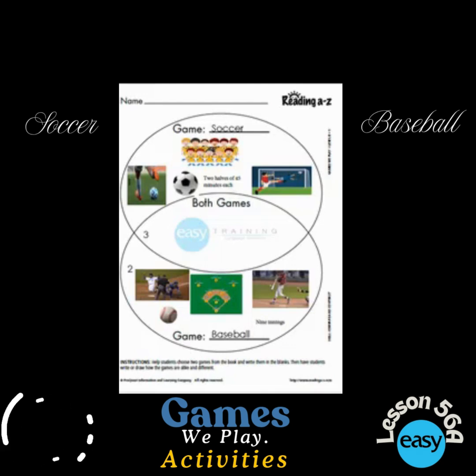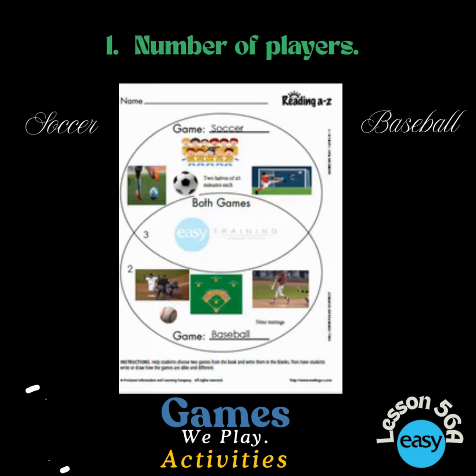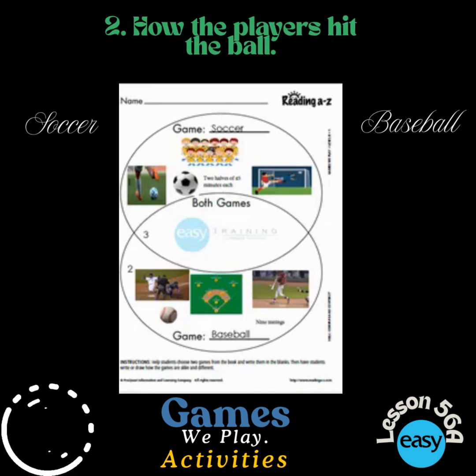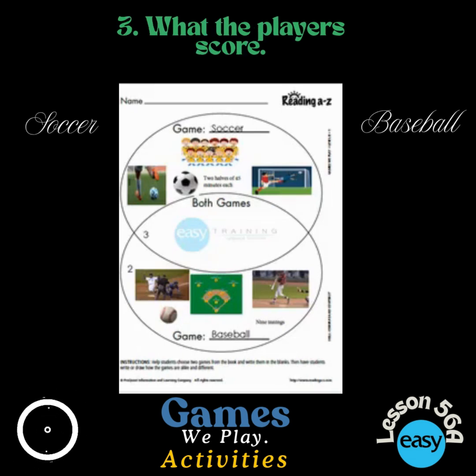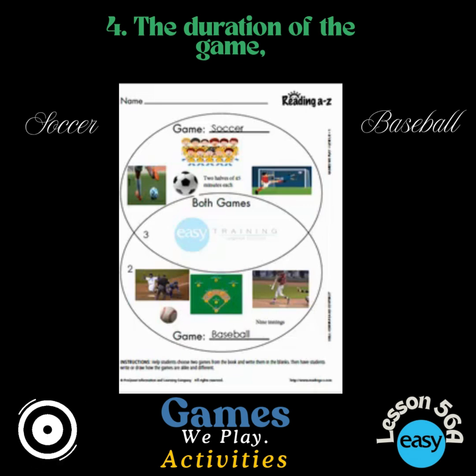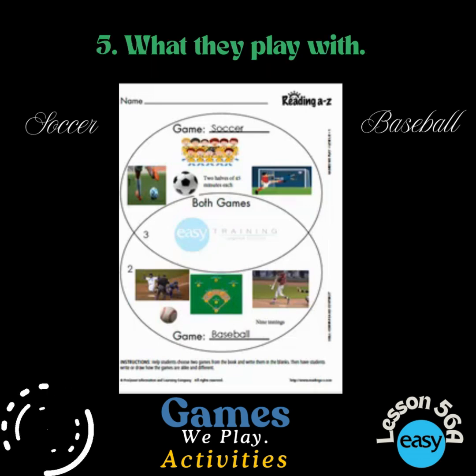I have considered 5 items in each game. Item number 1, number of players. Item number 2, how the players hit the ball. Item number 3, what the players score. Item number 4, the duration of the game. And item number 5, what they play with.